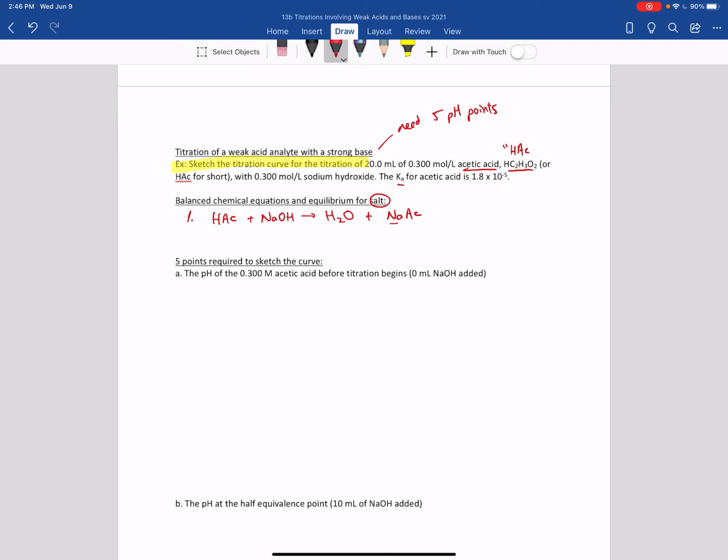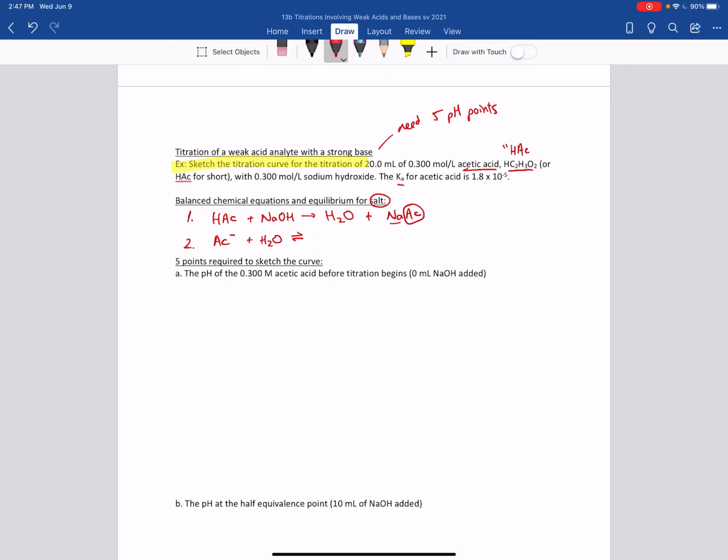Now, the sodium ion does not affect pH. It's a metal, so it doesn't interact with water as an ion. But the negative part, the anion of the salt, will in this case. So it's negative, and when it comes into contact with water, an equilibrium is established. I'll just fix that up.